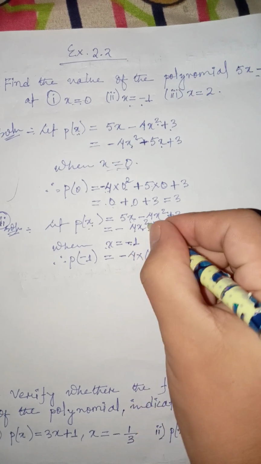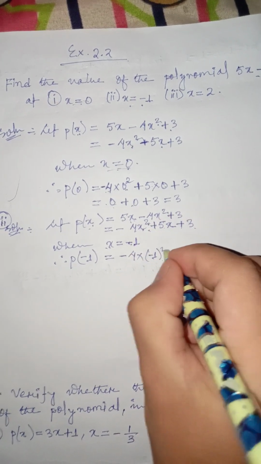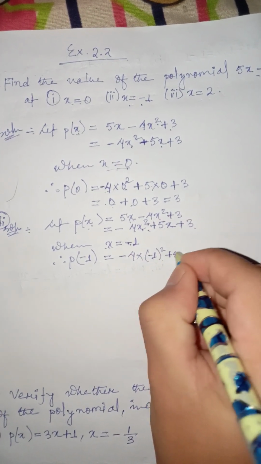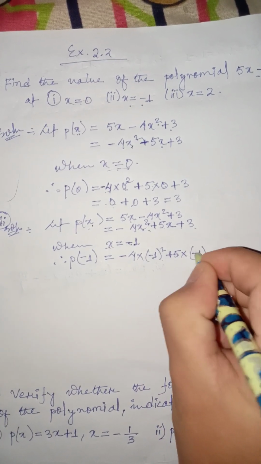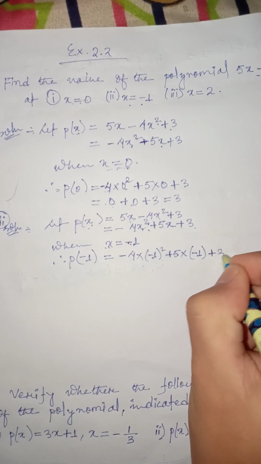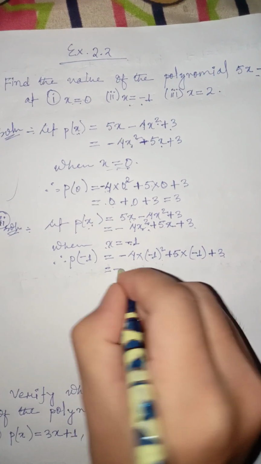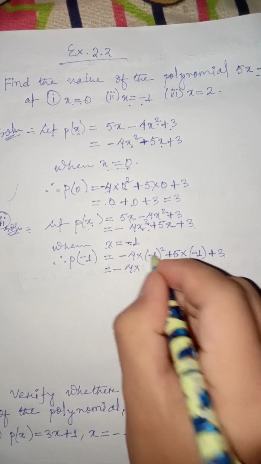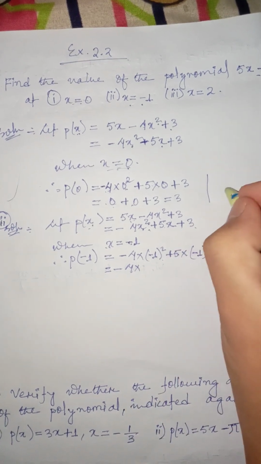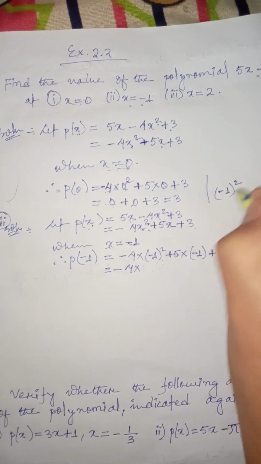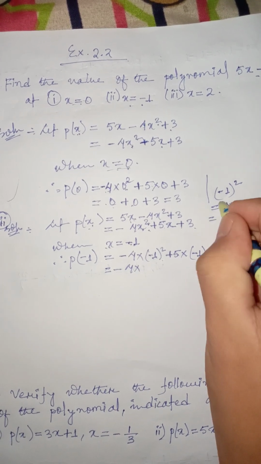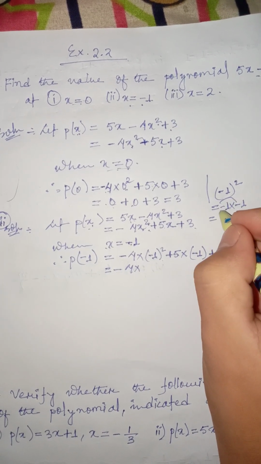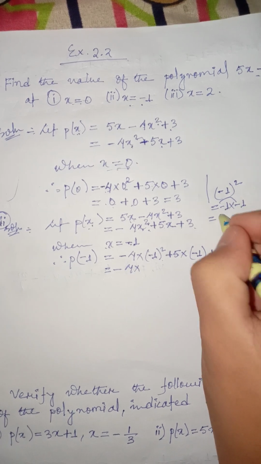And what do we have here? That is square. Just put a square plus 5 into x. What is the values of x that we have? That is minus 1 plus 3. Alright, minus 4. What is this? Minus 1 square. Minus 1 square means it will be minus 1 into minus 1. Minus into minus will give you plus. No need to write the plus. 1 into 1 will give you 1.